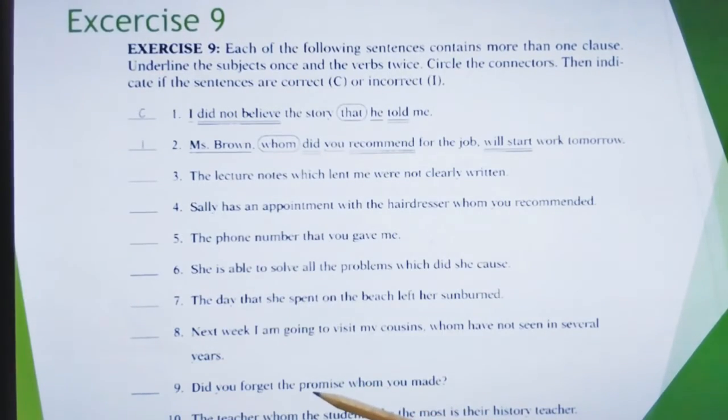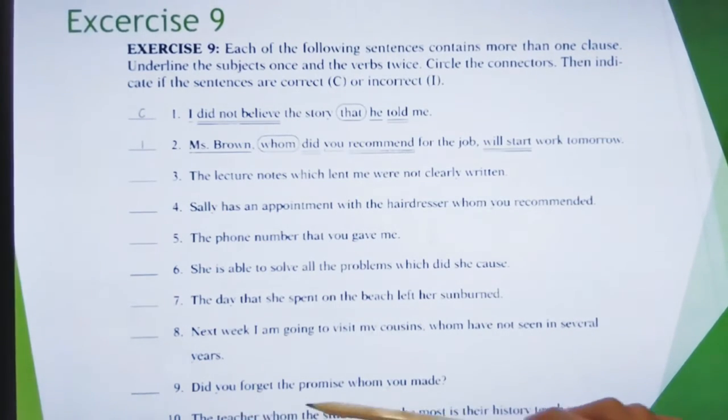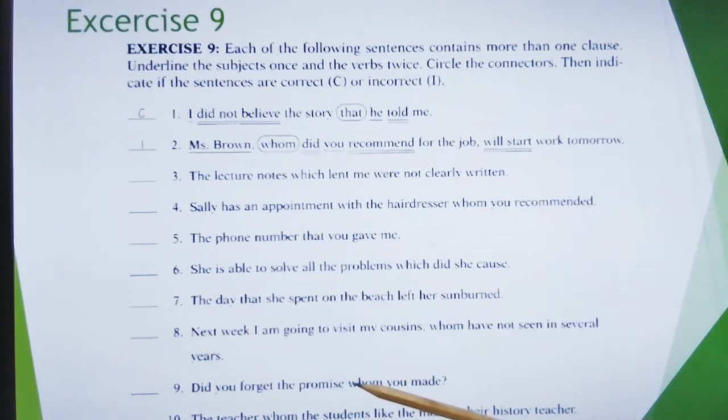Because it is about a promise, it is not people. Remember that whom is for people. But there is no people here, right? So you have to pay attention to the promise. It should be correct if the sentence is like, did you forget the promise that you made? So you just omit this and change to which or that. To make it simple, just use that.